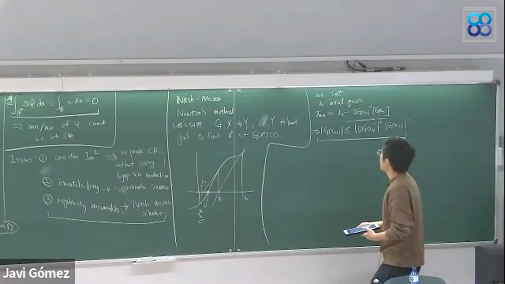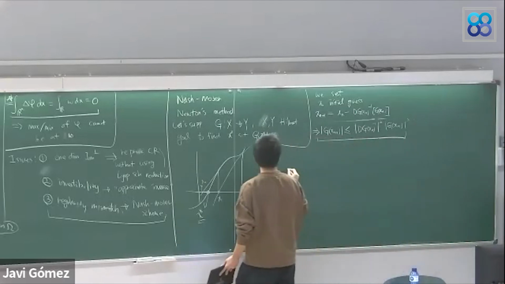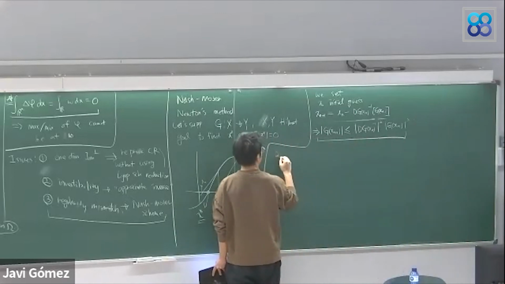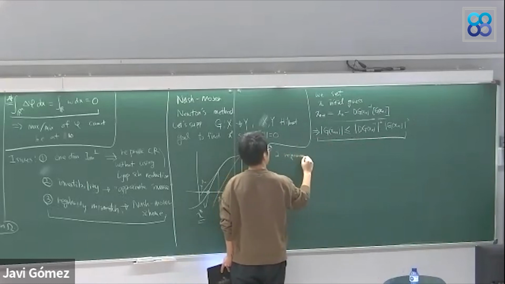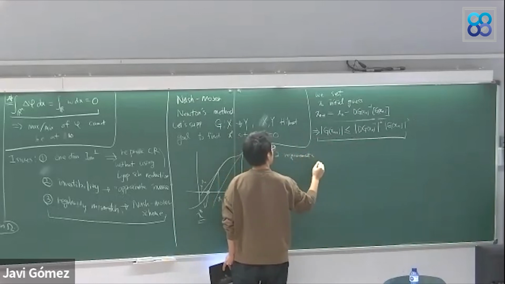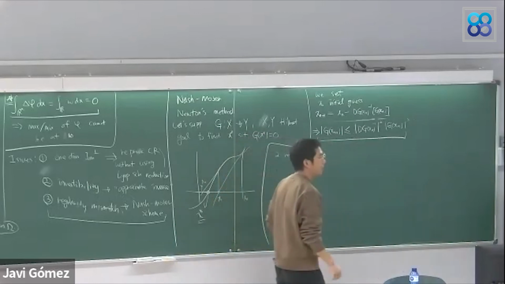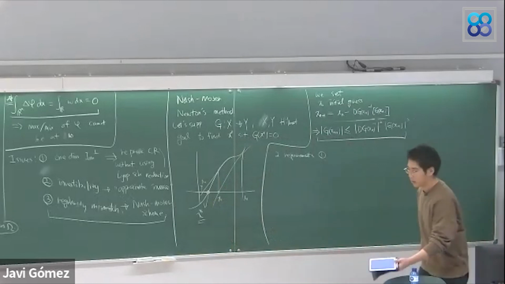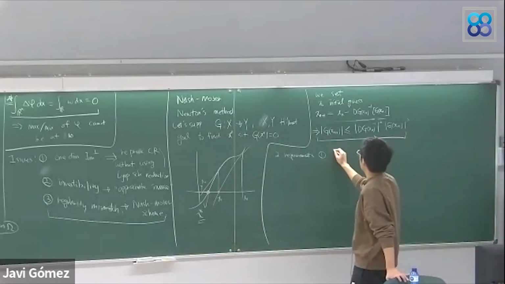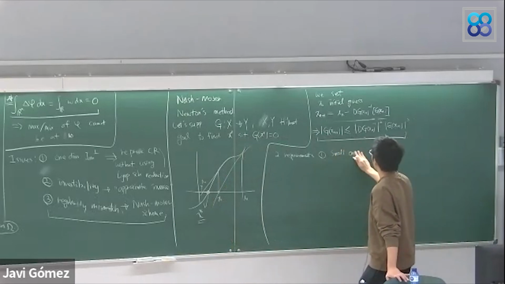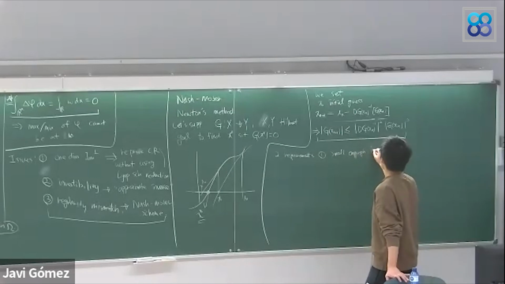So here we can see that we need two requirements for this mechanism to work. The first one is that we need a small enough initial guess.